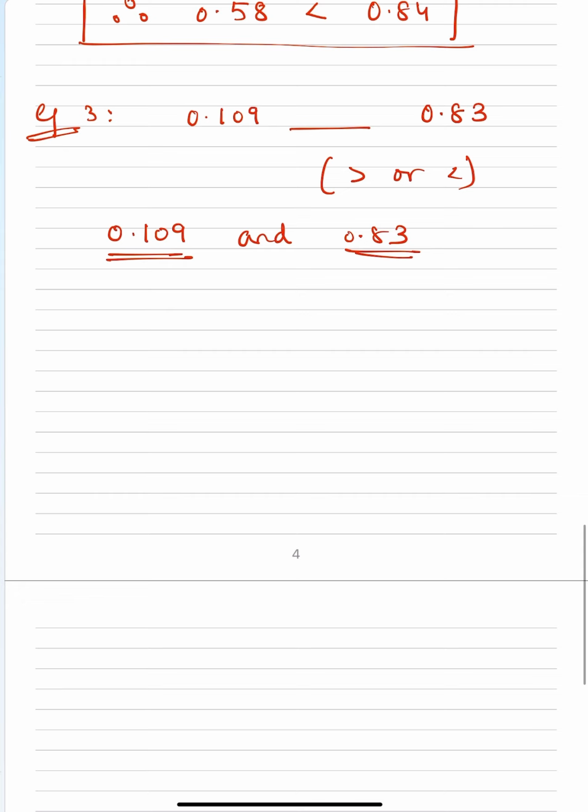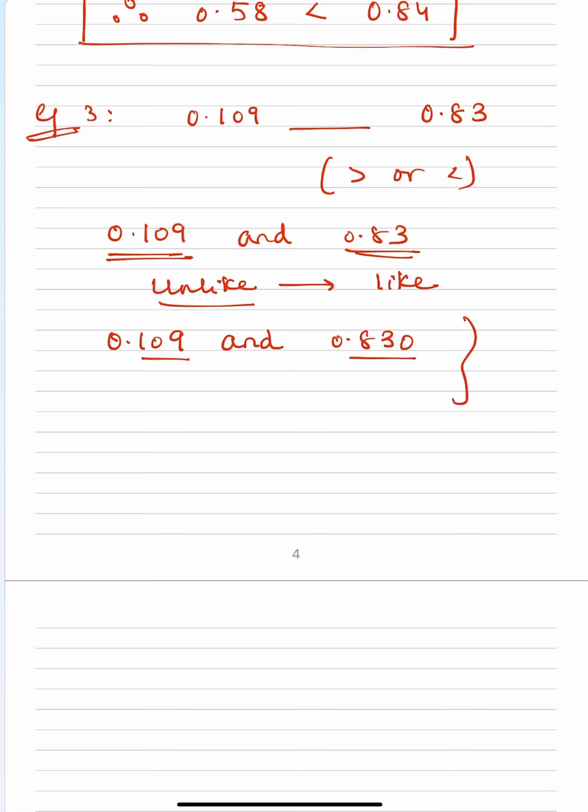Now there are 3 decimal places here and 2 here, so they are unlike decimals, correct? We will convert them into like decimals. So we will write 0.109 and 0.830. Now they are like because they both have 3 decimal places.